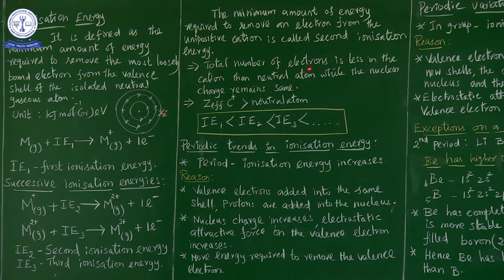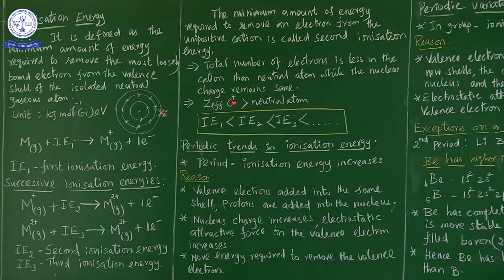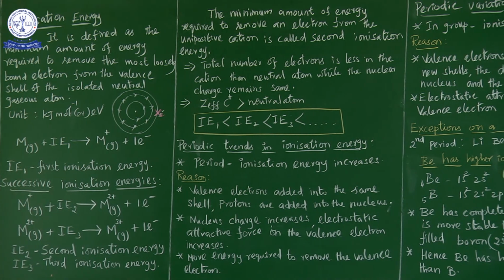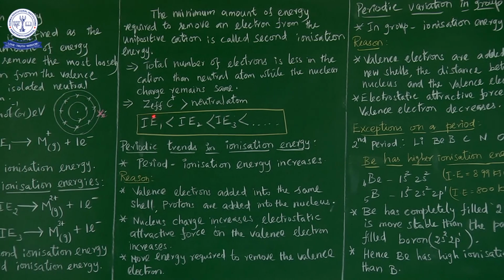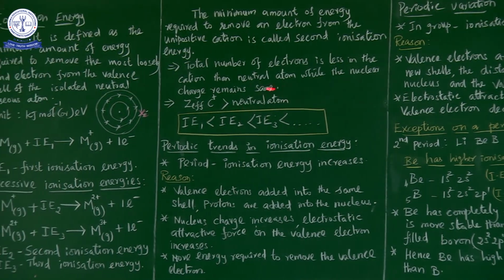So total number of electrons is less in the cation than neutral atom while the nuclear charge remains same. But the number of protons in Na plus and Na both are same as 11. But nuclear charge மட்டும் எப்படி இருக்கு? சேமா present ஆயிருக்கு. So that the effective nuclear charge of cation is greater than the corresponding neutral atom.